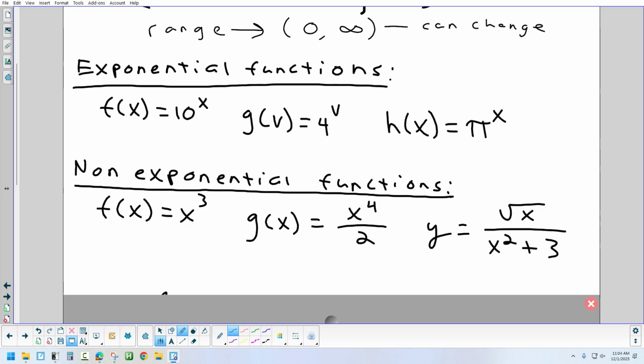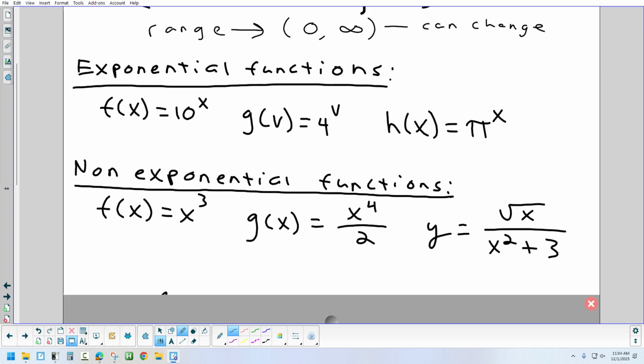Okay, the first one under non-exponential, that's a cubic. It's a polynomial. What kind of polynomial is the second one under non-exponential? Yep. It's a fraction. But how would you classify it based on its degree? What is the degree of g of x under the non-exponentials? 4.